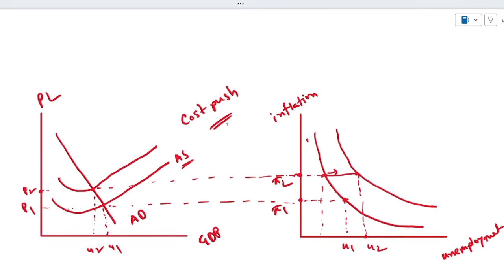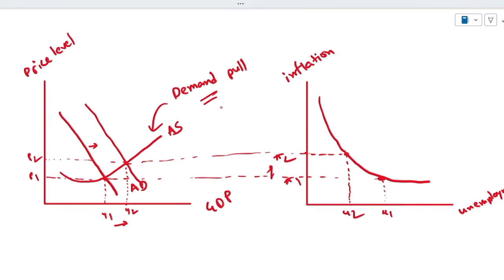From this we can understand that because of the cost push, the unemployment rate will increase, and because of the demand pull, the unemployment rate will be decreased. So this is for the short run Phillips curve.